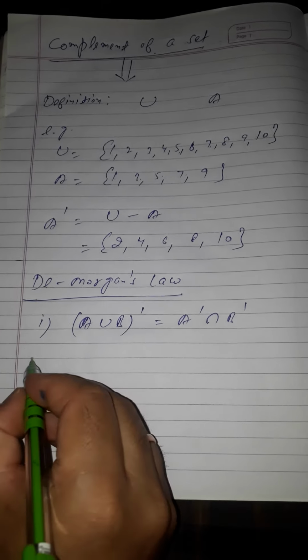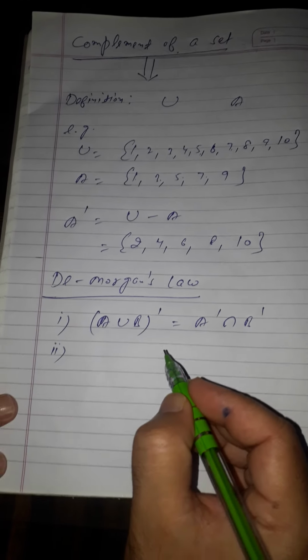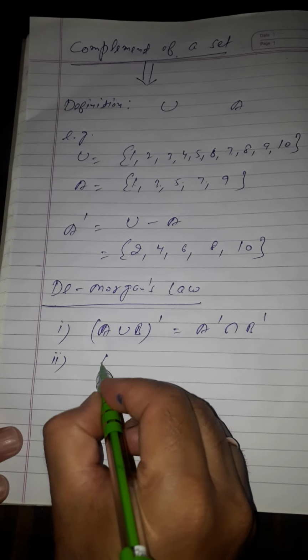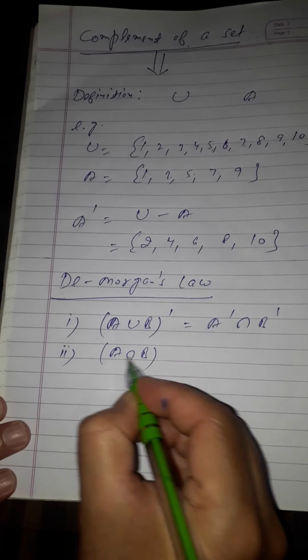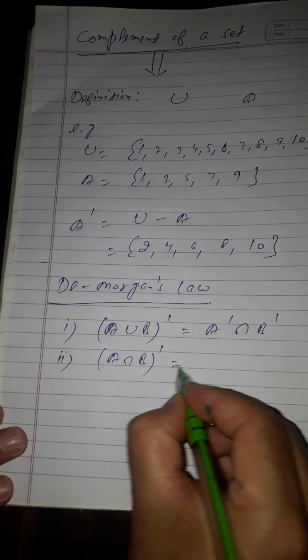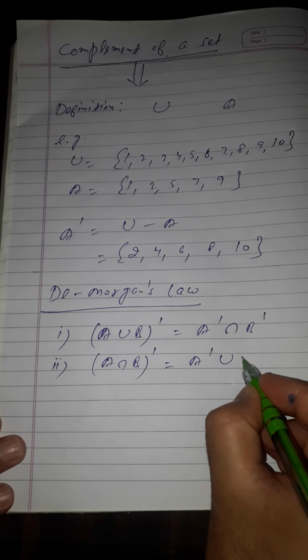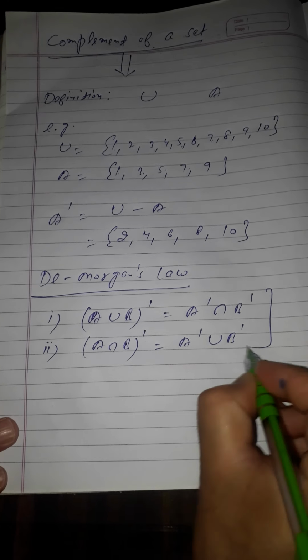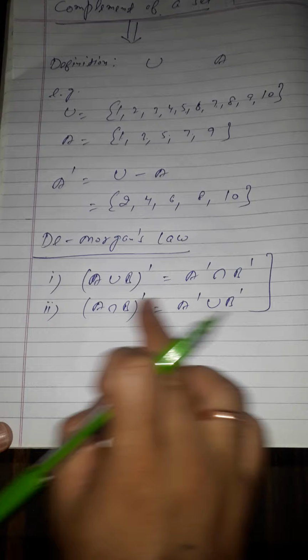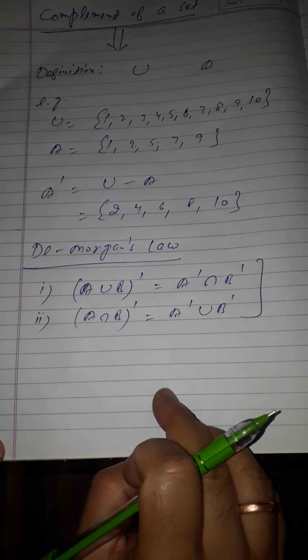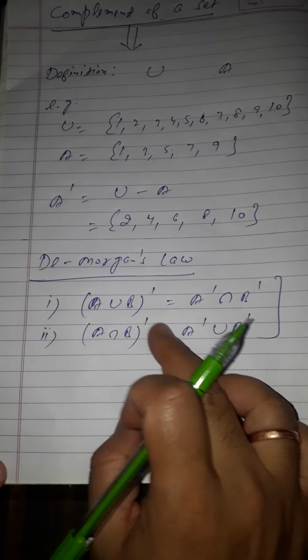And second is A intersection B, its complement is equal to A complement union B complement.